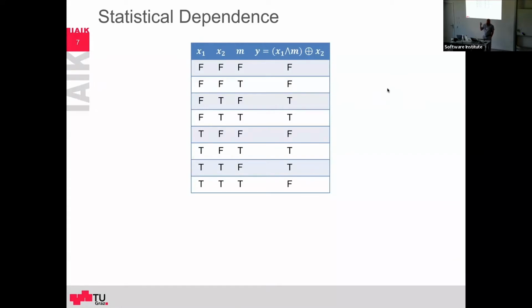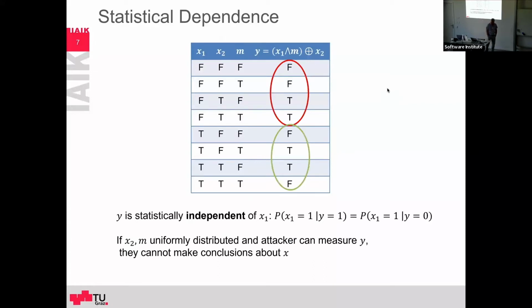Suppose I can measure the output of this function, and suppose I want to know something about x1 or about x2. If you look at x1, x1 is false in the top half of the table and true in the bottom half. You can count the numbers of f's and t's, and they're the same in the top half and the bottom half. What does that mean?